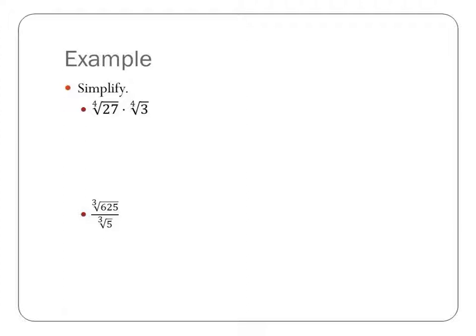Okay, so if we have the same index, we can go ahead and multiply them. That's our product property. So 27 times 3 is 81, so this is going to be the 4th root of 81. And then we're going to need to see if that simplifies. And so what we want is a perfect 4th root to go.